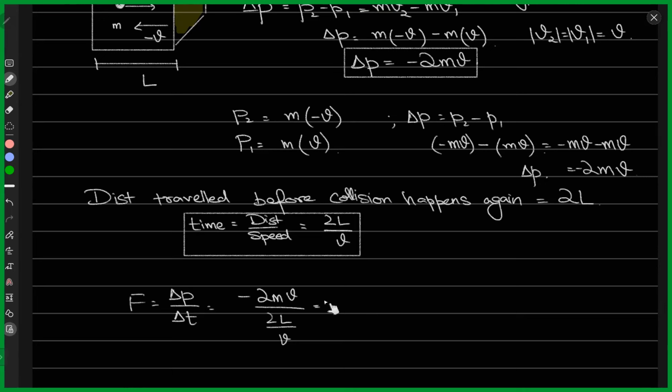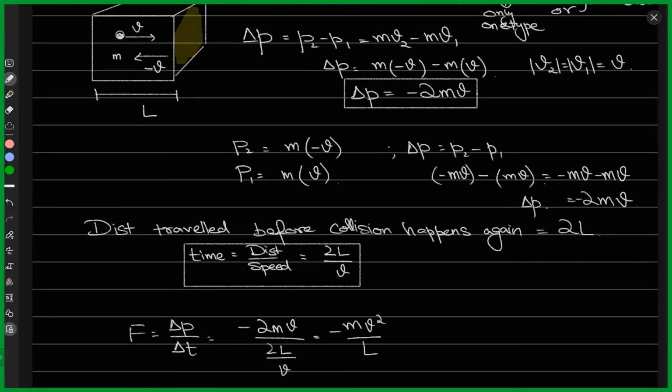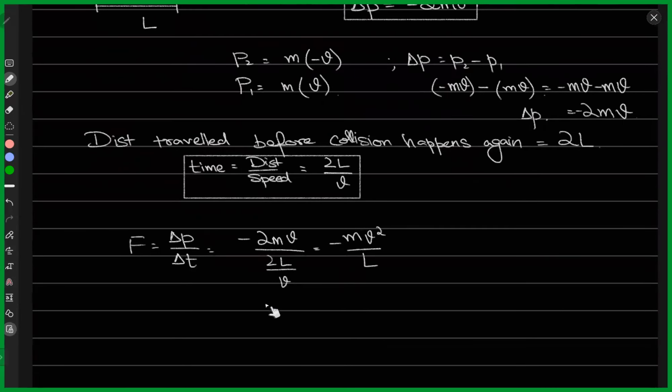So how do I write this? 2 would cancel with 2, so this would become mv squared by L. And we have a minus sign, but because the force would be exerted in both directions, on this wall and then on the other wall as well, we can write it as an absolute value of the force, which is mv squared divided by L.